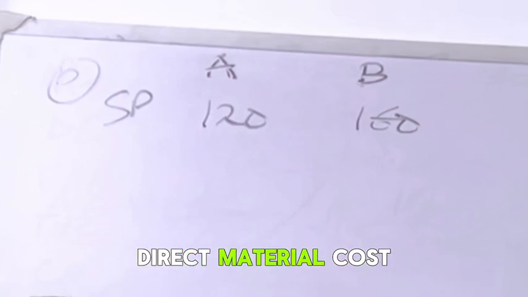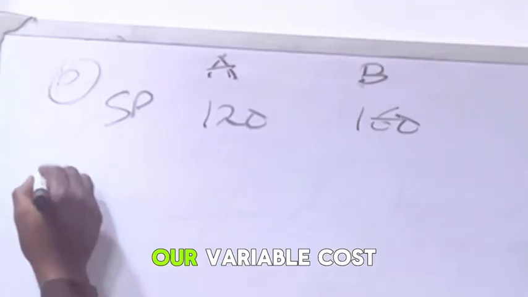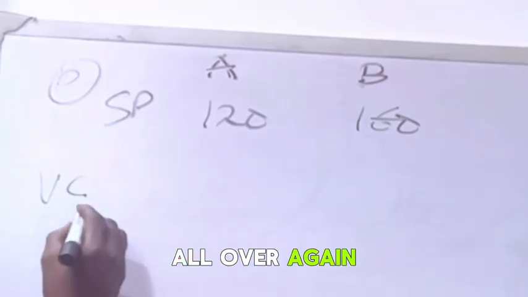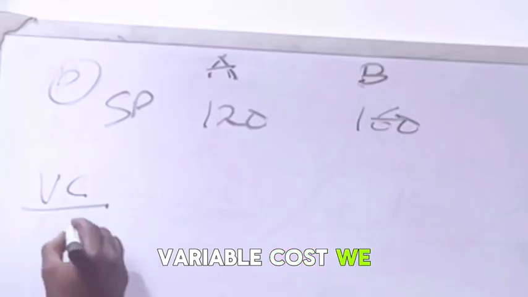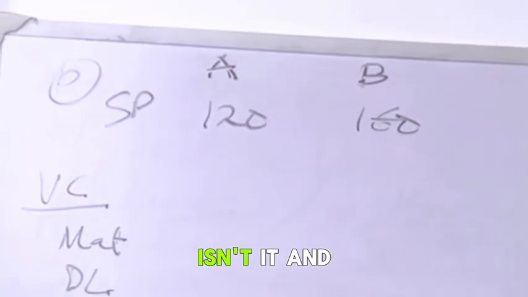Two, they said direct material cost is expected to drop by 10%. So let's go back and get our variable cost all over again. To get our variable cost, we have material, direct labor, and variable overhead, isn't it?